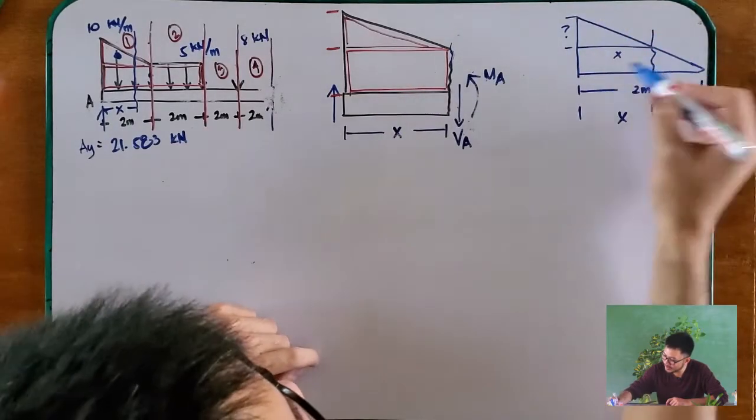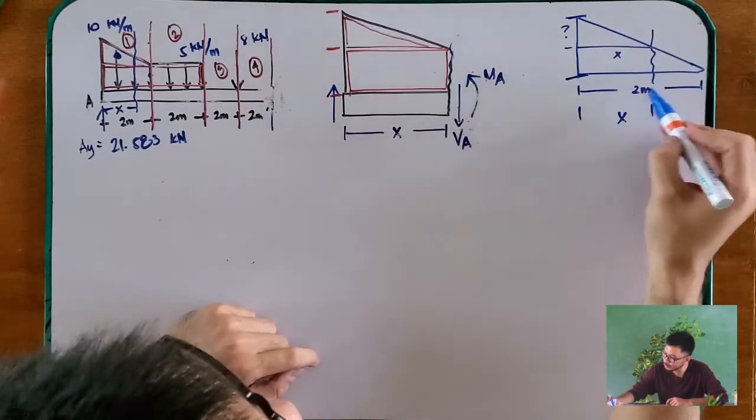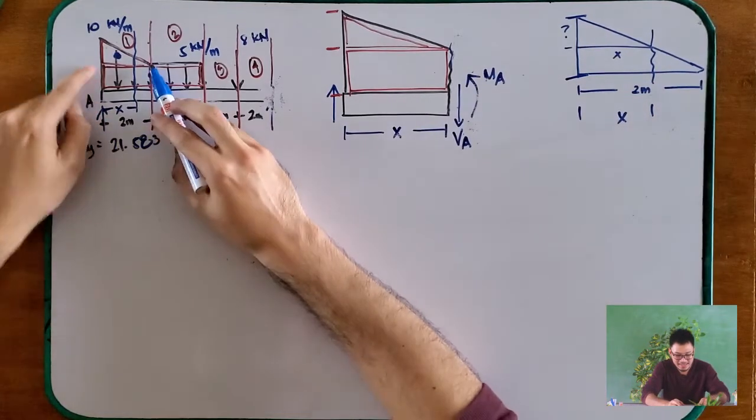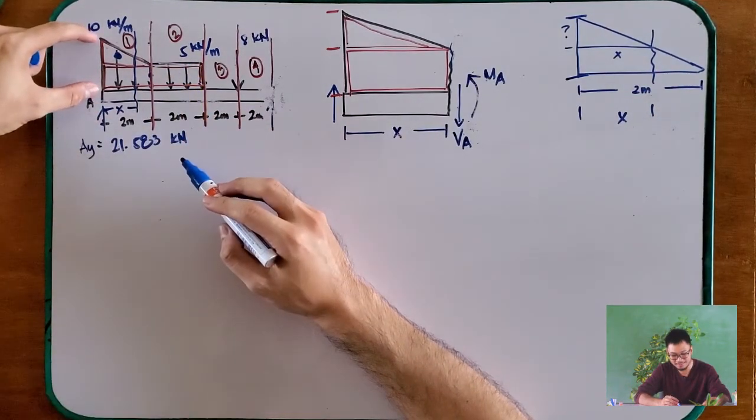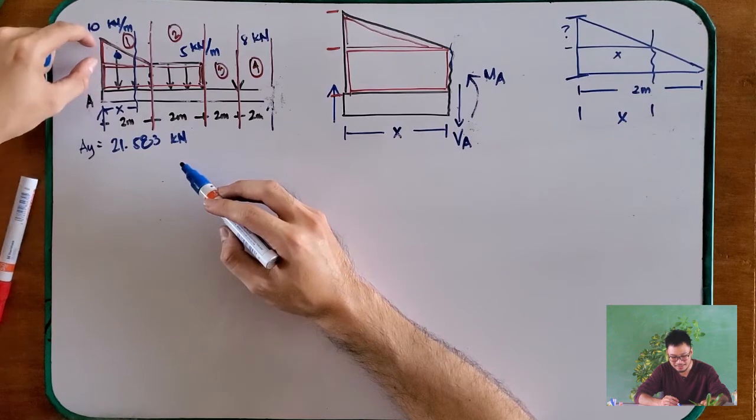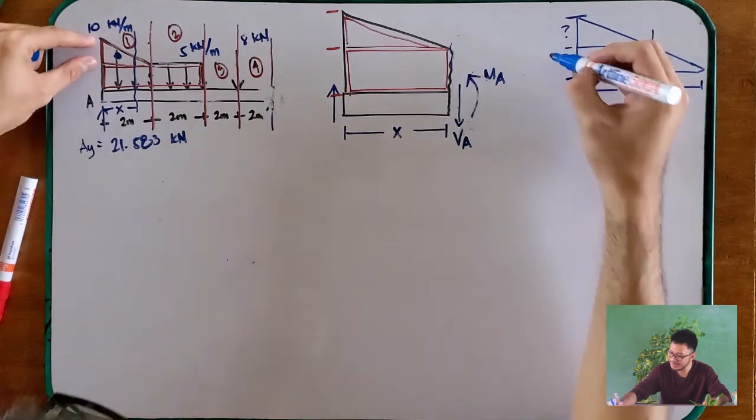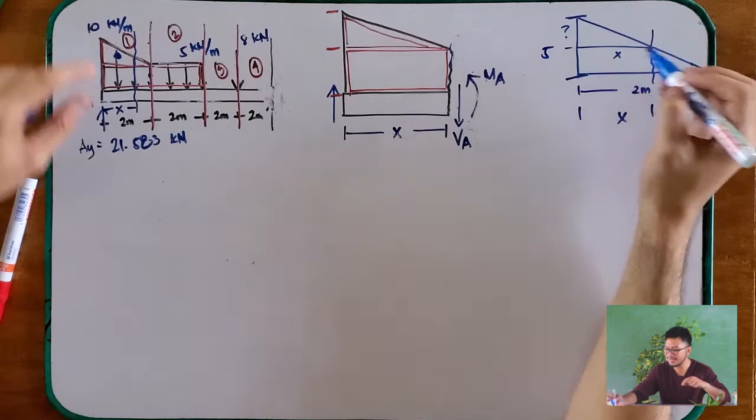We can use equal slopes. We know the full length is 2 meters, and we know that the full height is 5 kilonewtons per meter.